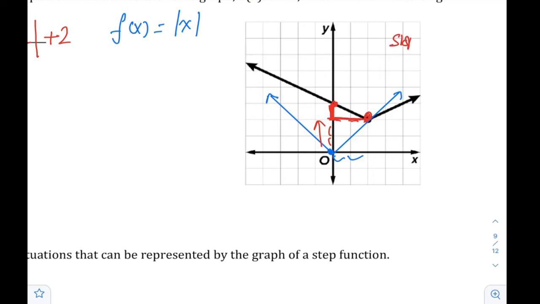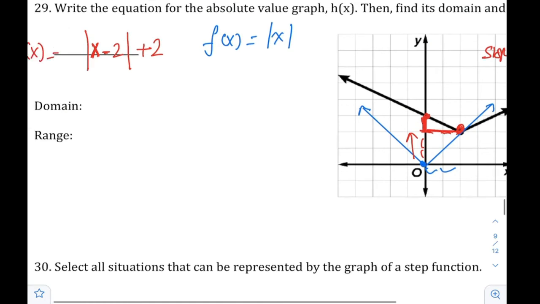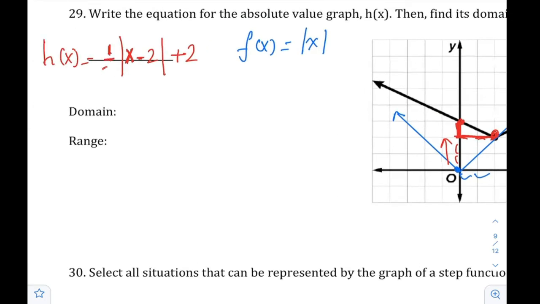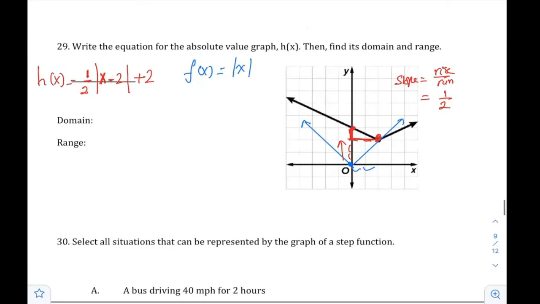So my slope is rise over run, which is 1/2. I know it's a negative slope, but I will not consider any negative sign here since this function was not reflected. So I will write the slope that I found here, 1/2, rise over run. Now domain. Domain always for any absolute value function is all real numbers.